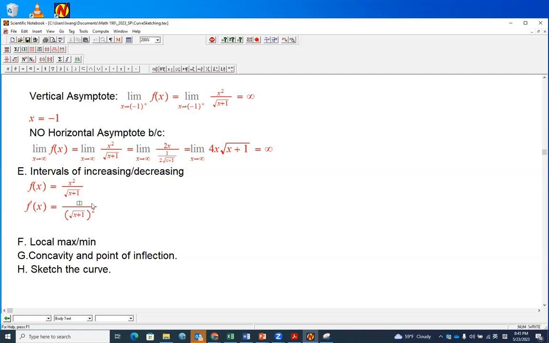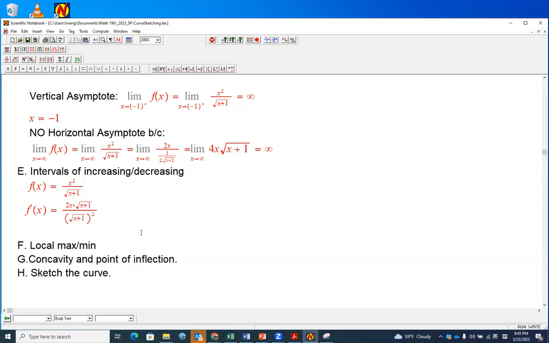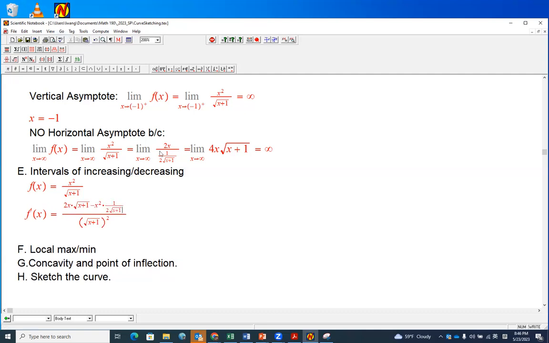The derivative of the numerator, which is 2x, multiplied by square root of x plus 1, minus x squared stays the same, and multiply by the derivative of the square root of x, which is 1 over 2 times square root of x. The derivative of x plus 1, of course, is 1. So we got that expression.